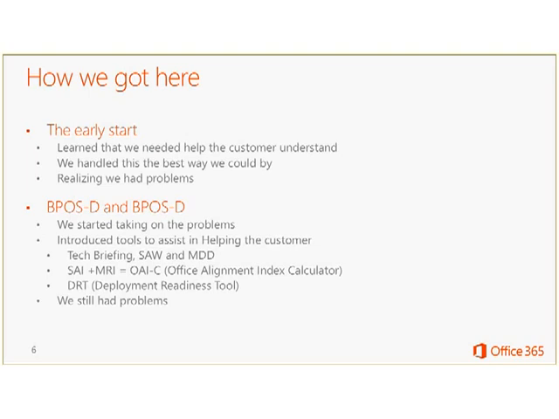That's when BPOS D and BPOS S, I realize I have a typo there, were both really starting to come into full swing. We started trying to take on the problems. We introduced tools to assist in helping the customer with the service. We introduced a tech briefing, a SAW, and an MDD. This stuff was mostly created by the field members that had worked on other deployments, but bigger size deployments.